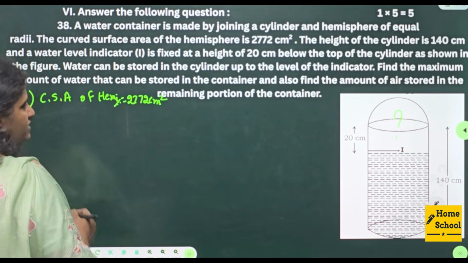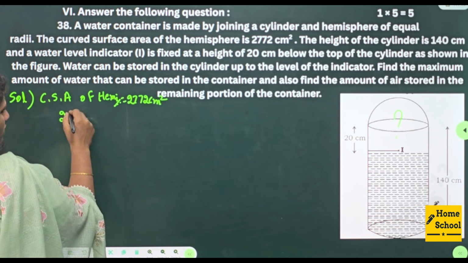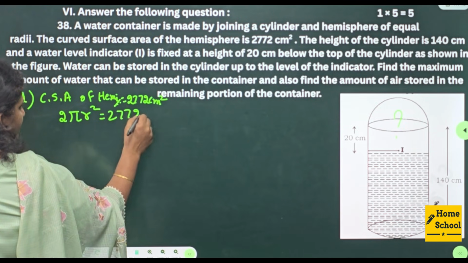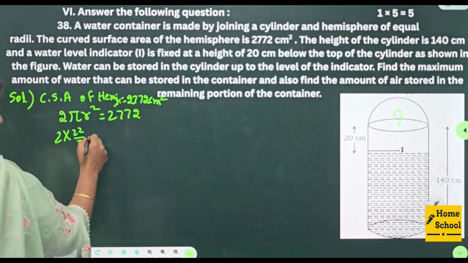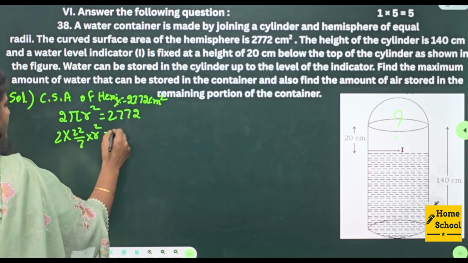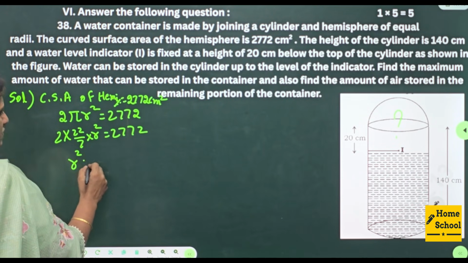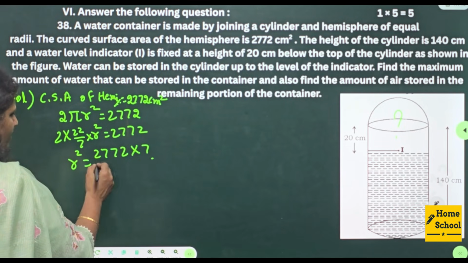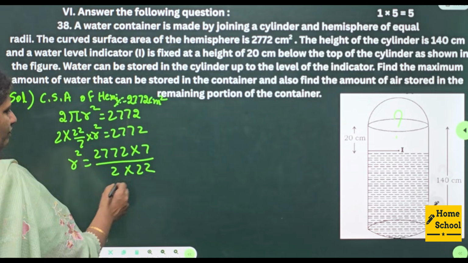They have given CSA of a hemisphere. Formula 2 pi r square is equal to 2772. Pi value is 22 by 7 into r square is equal to 2772. R square is equal to 2772 into 7 by 2 into 22.